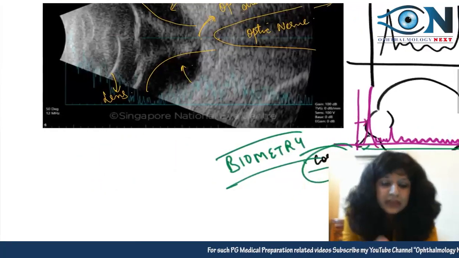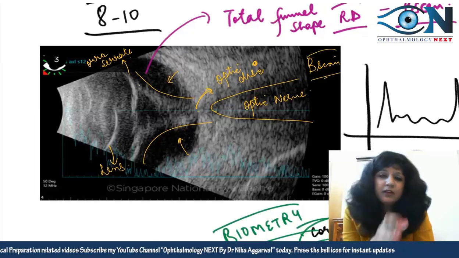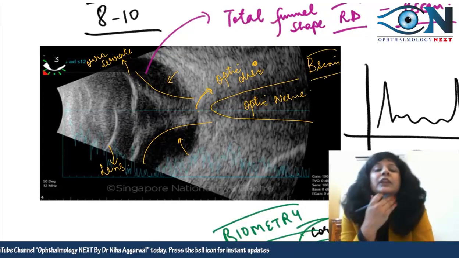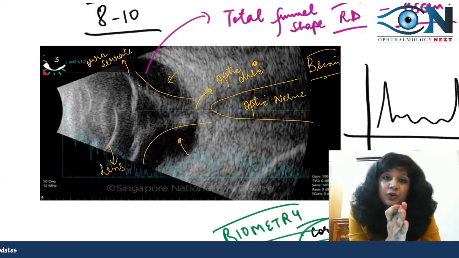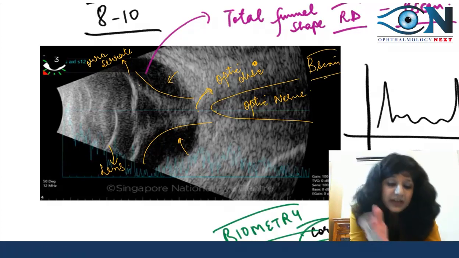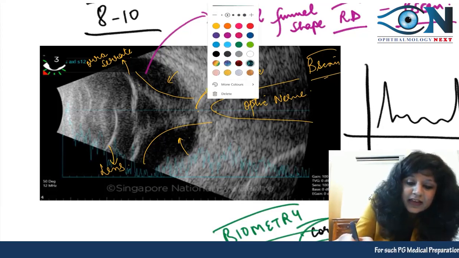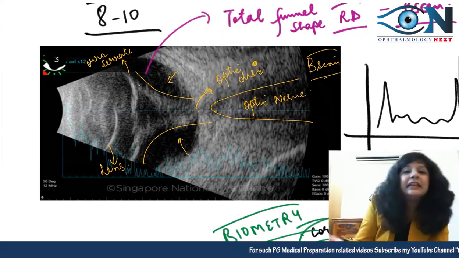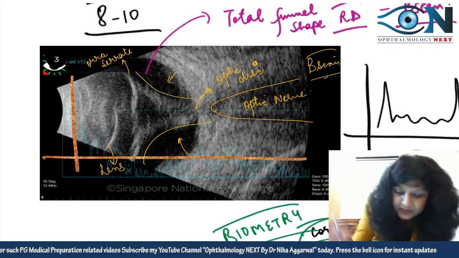Suppose I am seeing this B scan, and I want to know, though it's very sure it's a total funnel shaped RD, but still, to be 100% sure, before taking the patient for the RD surgery, what can I do? I can start up with the A scan here. That is called a combined A scan and B scan, and we can start having the spikes here.